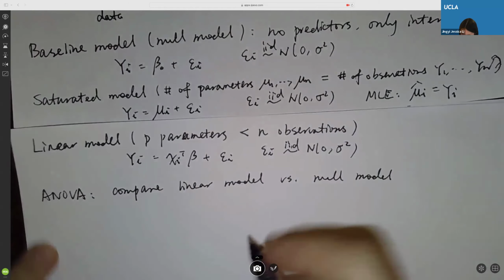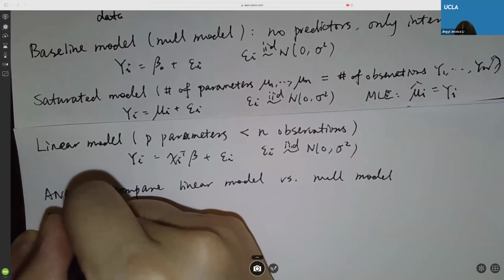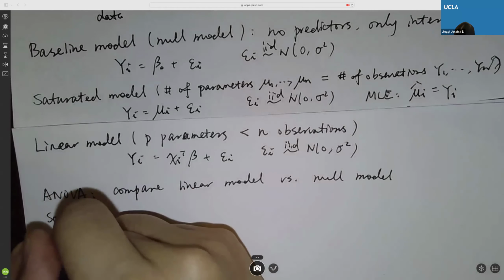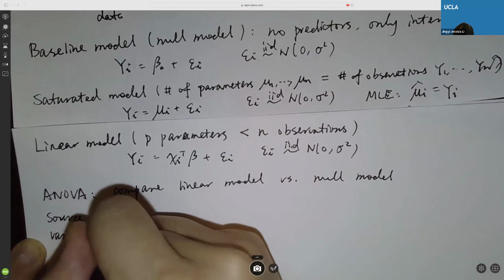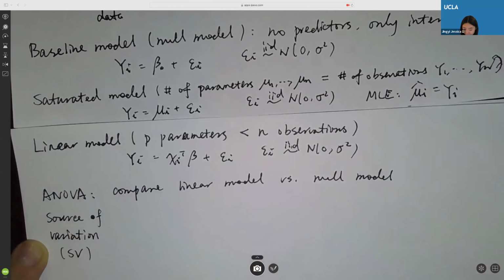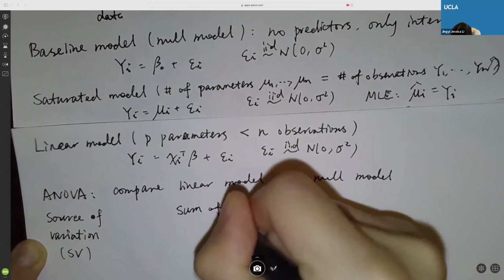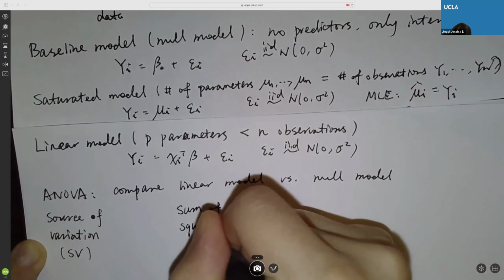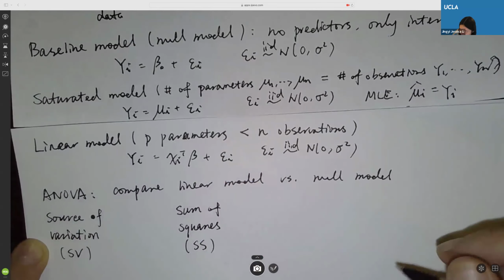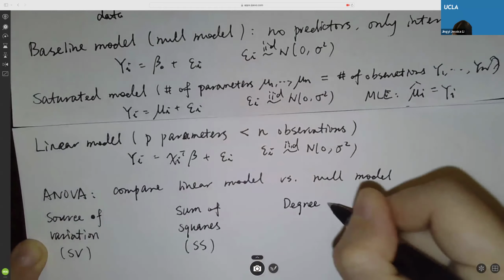I'll write it out. It has the following columns. The first column is called source of variation, short as SV. And the second column is called sum of squares, SS. And the third one is called degrees of freedom.